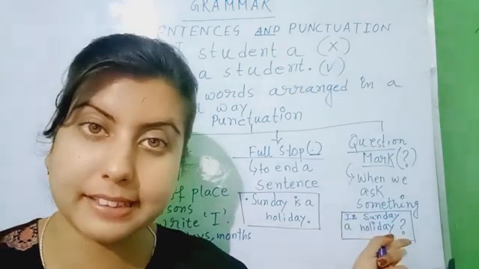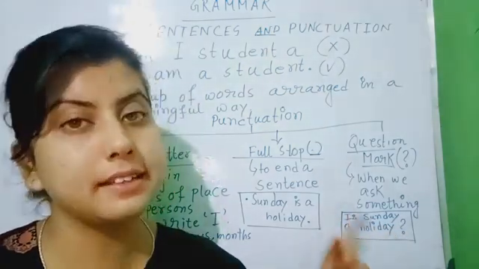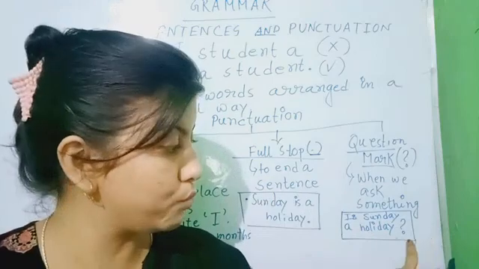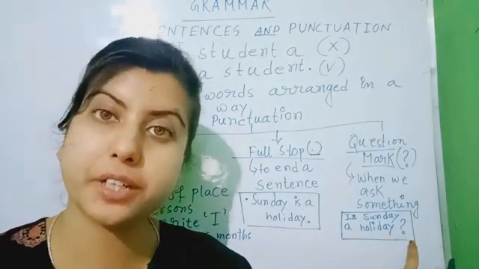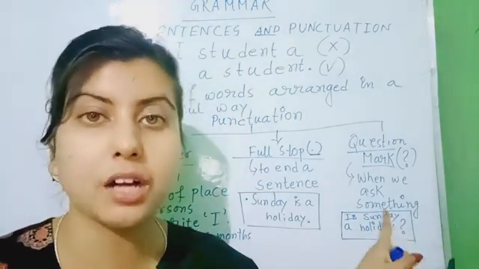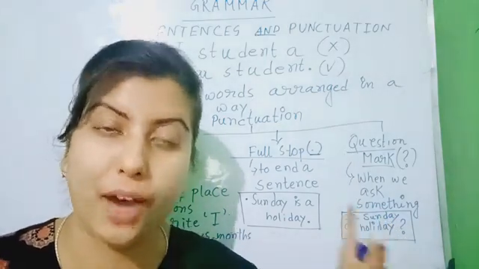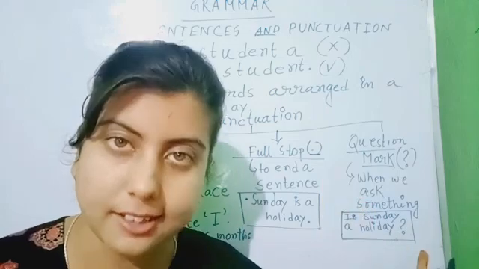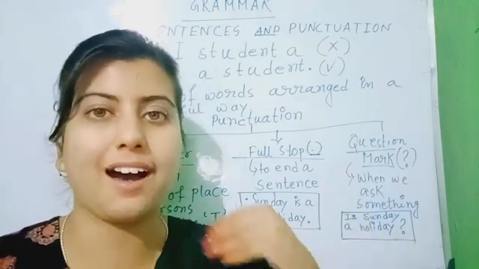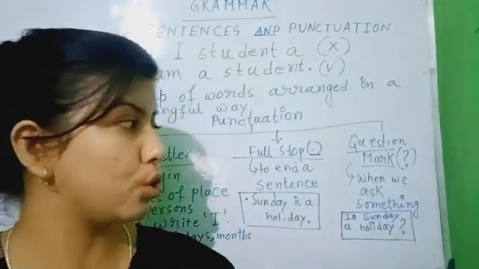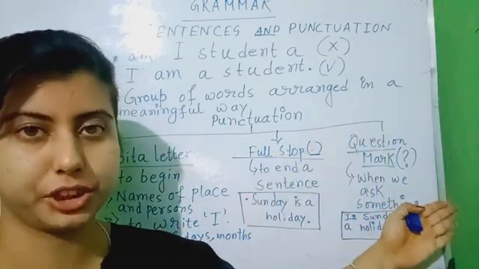This is a question. So we have written a question mark. So question mark will be used to end a sentence where we are asking something. So full stop and question mark.